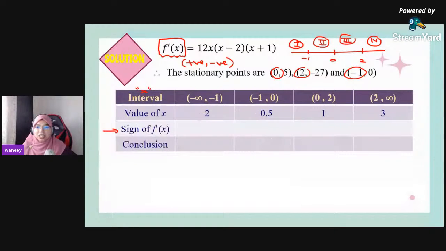Okay, so I'll give you a few minutes for you to fill in this blank. Positive, negative, positive, negative. So I think 1 minute will do, just substituting the values. So 1 minute for you to try to fill in positive or negative.